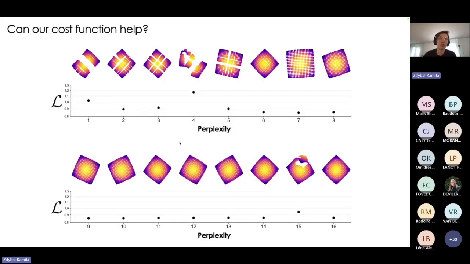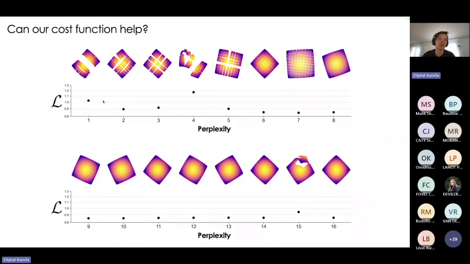So I created a whole bunch of embeddings with t-SNE of that 2-dimensional grid, changing the perplexity. You see it goes from 1 to 16 in this case. So you get all the numbers of perplexity. And here I'm showing you what the actual embedding looked like with a given perplexity number.